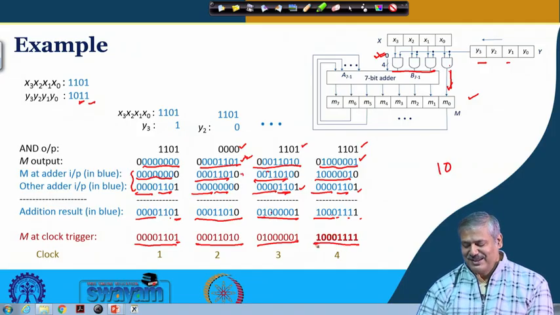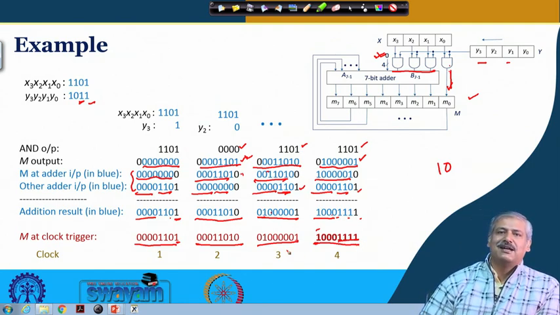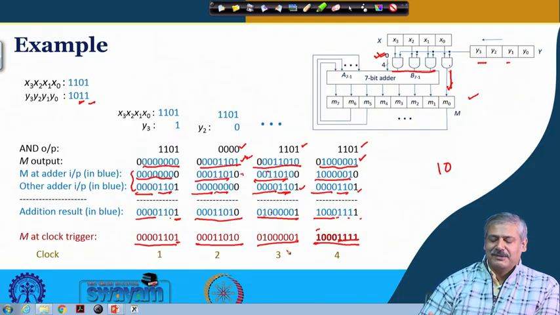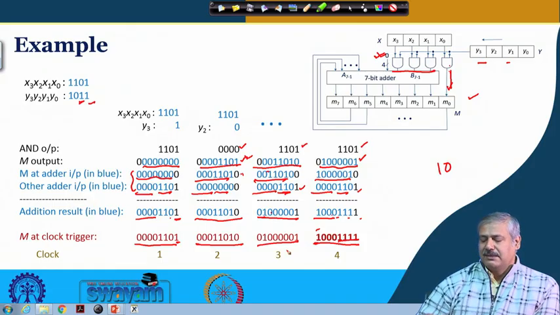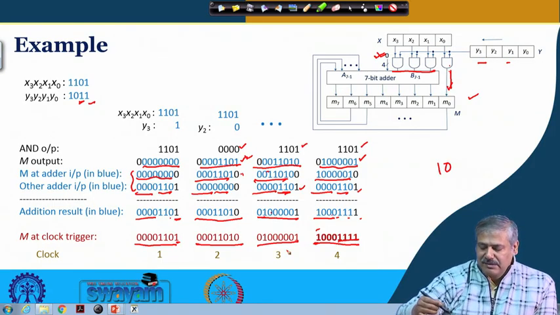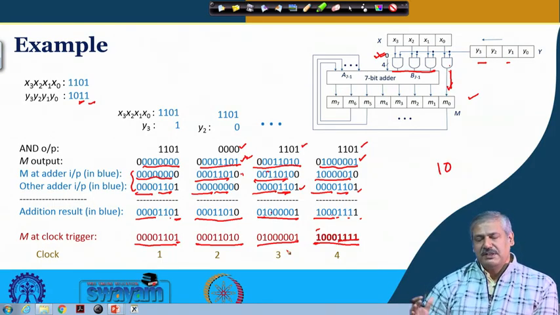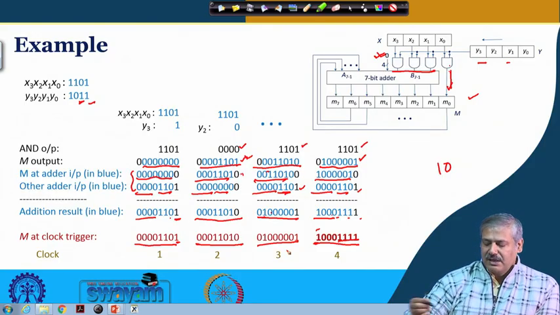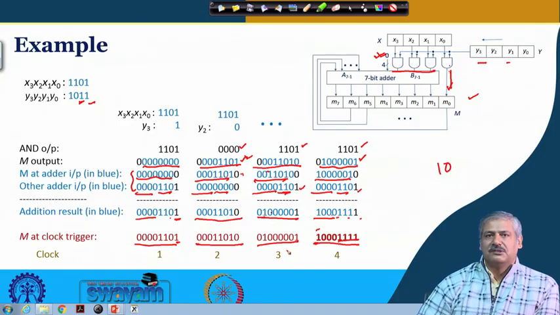This one is 128 and these 4 ones are 15, so 143. This is the way we can get the multiplication done through partial products and shift. This is the same example we had seen before, you can compare the result, and you can perform it by hand also.